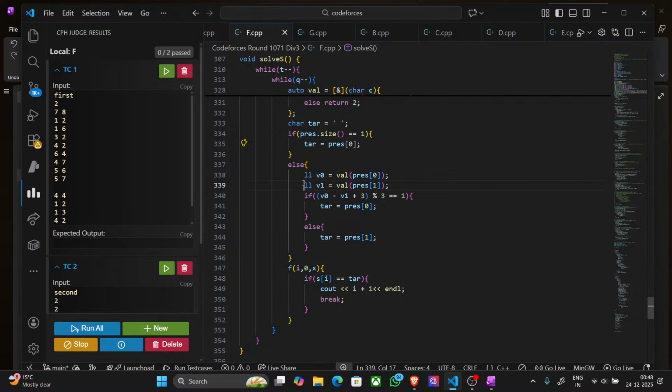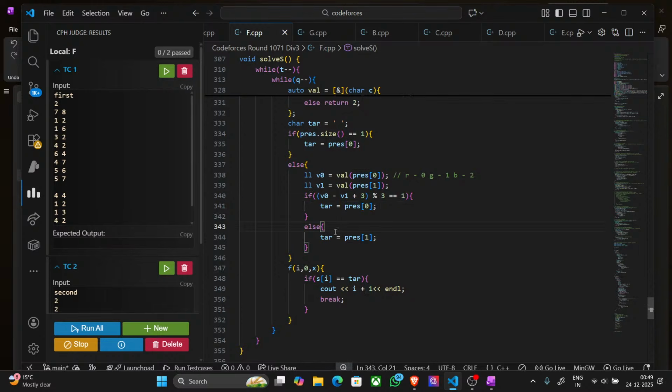Else, what I'm doing, I'm taking the two vertices out and converting into the RGB format. Like it's just converting R into 0, G into 1, and B into 2, right? After taking those two vertices out, I have just taken the difference modulus 3. If it is 1, then my target will be 0.